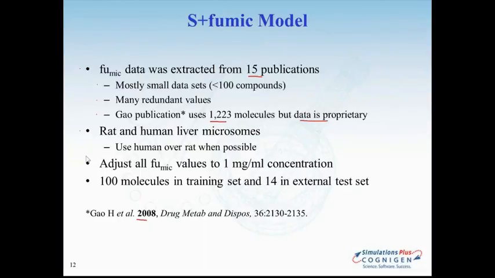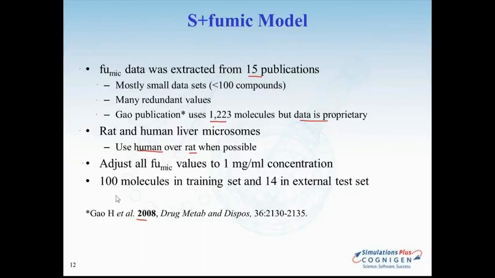The literature contains rat and human liver microsome fraction unbound. We use the human over the rat whenever possible, but in Austin's paper, he compares human, rat, and dog fraction unbound.